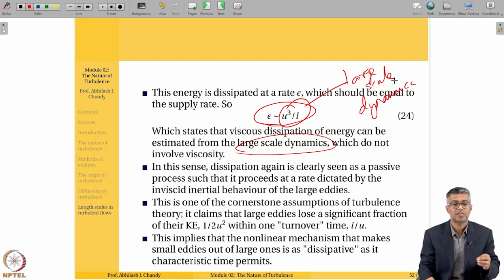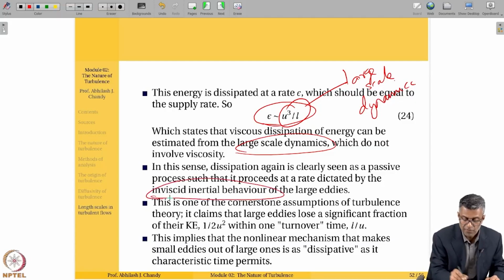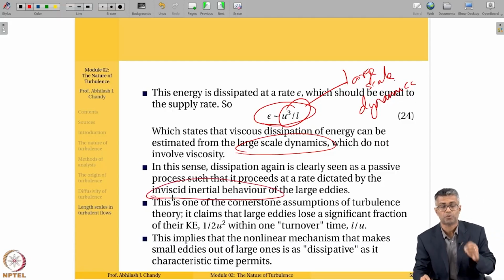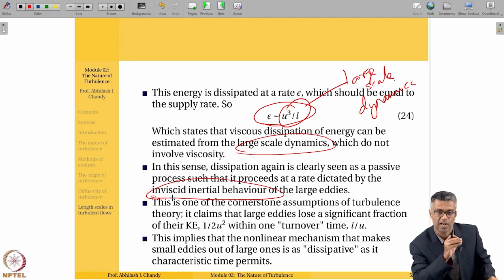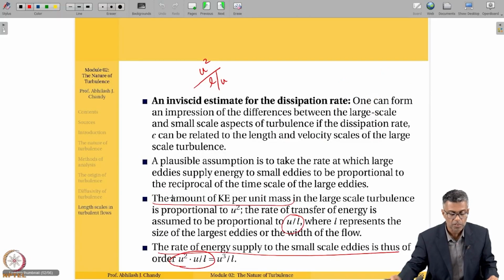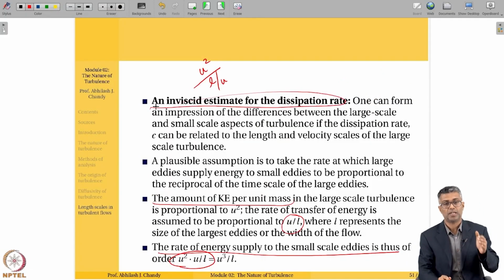It is the inviscid, inertial behavior. That is how we are relating the dissipation rate to the large scale dynamics, and that is what we mean by an inviscid estimate for the dissipation rate.